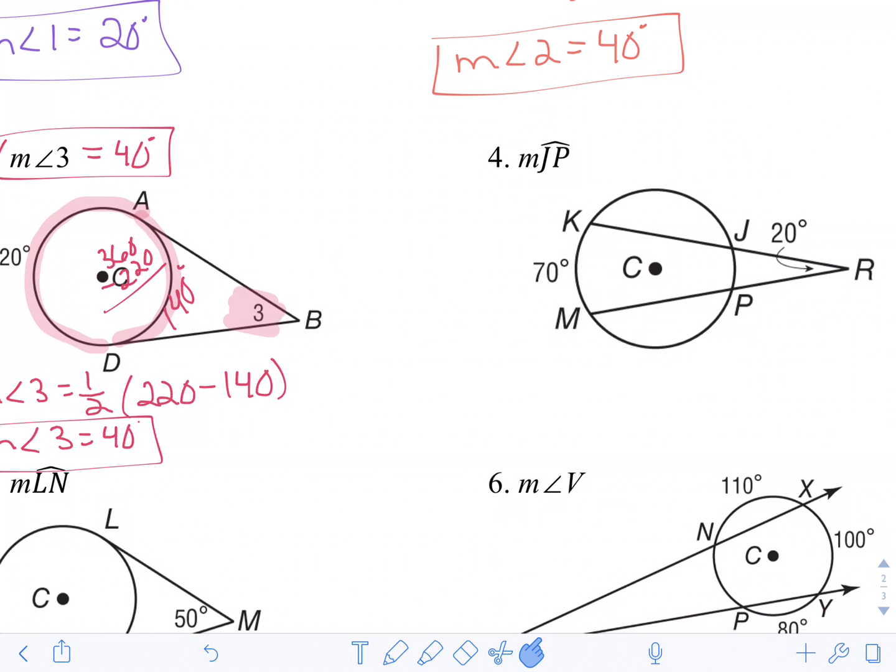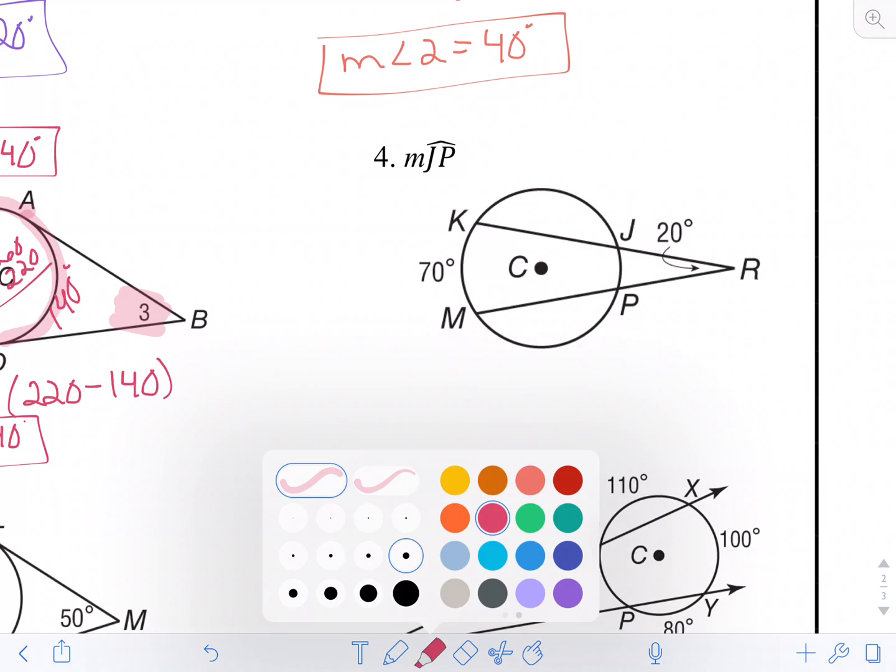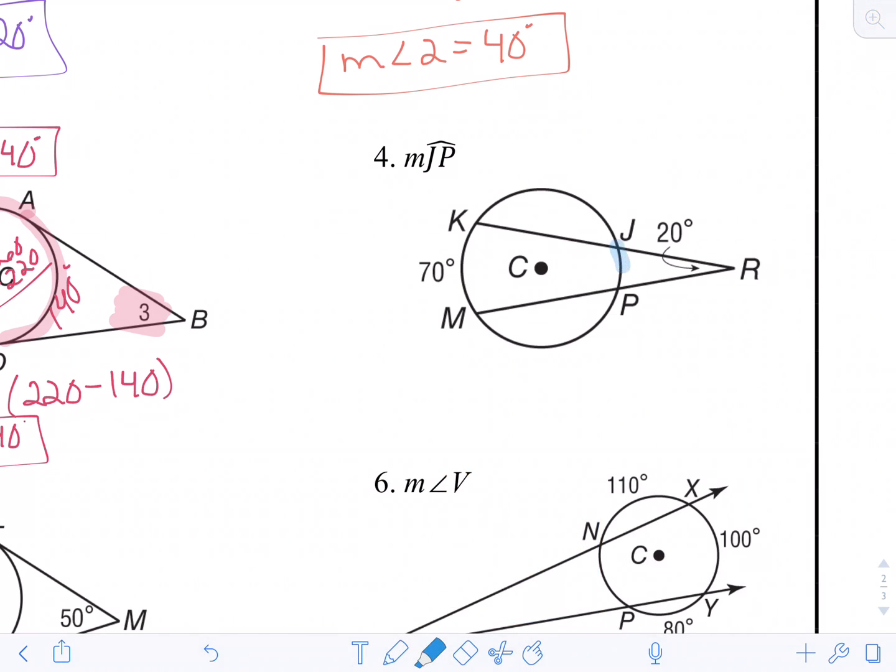Okay, number 4. This one's a little bit different because you're trying to find your arc JP. So we have arc KM and we have the exterior angle here. For this one, we'll have 20 is equal to 1/2, and I'm just going to call this x for right now, 70 minus x.